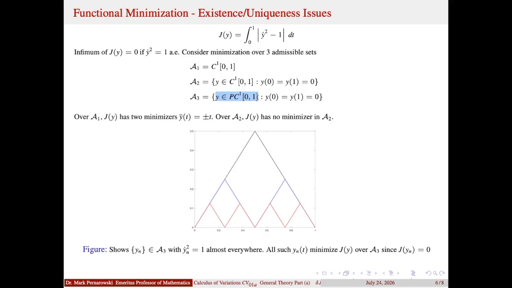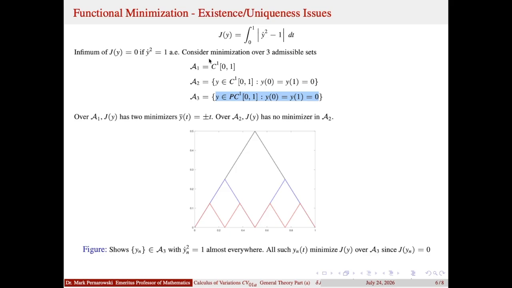That means I could get a finite collection of intervals of [0, 1] on which the function is C1 on each of those intervals, but at a certain finite number of points, there might be a problem with differentiability. Something like the absolute value of x doesn't have a derivative at x equals 0, but it would be a piecewise C1 function on negative 1 to 1. So, smooth functions that vanish at both endpoints.